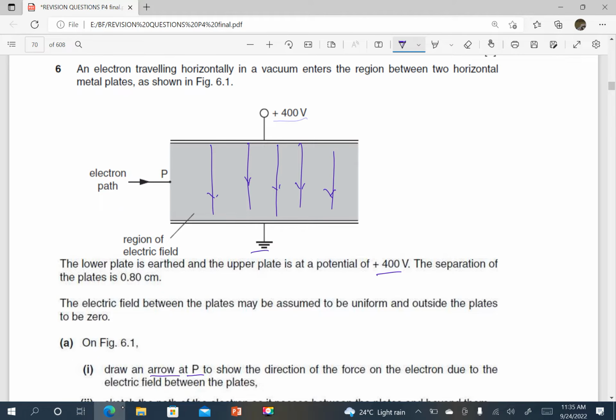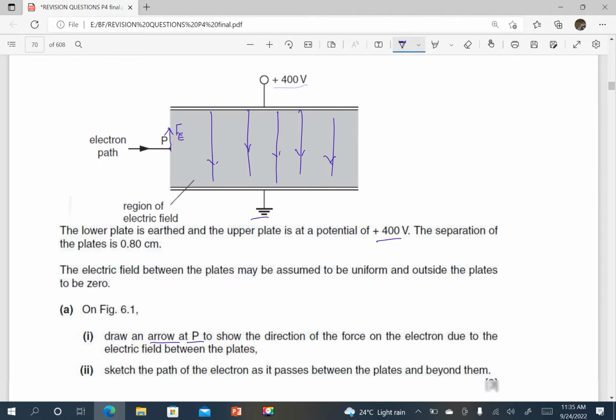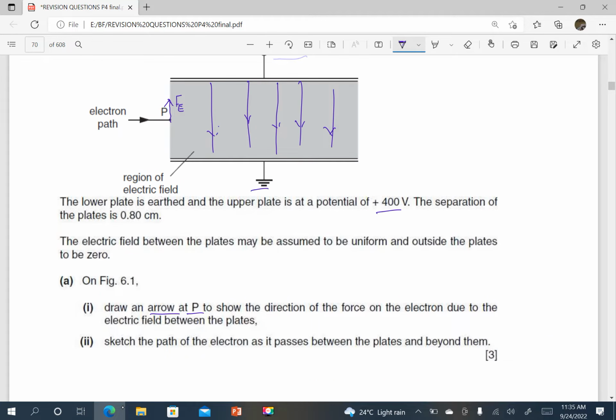But when an electron enters, an electron experiences a force in the opposite direction to the field. So the electron at point P will experience a force in that direction, so that will be the force due to the electric field. So the arrow will be upwards because a negatively charged particle experiences a force in the opposite direction to the field.